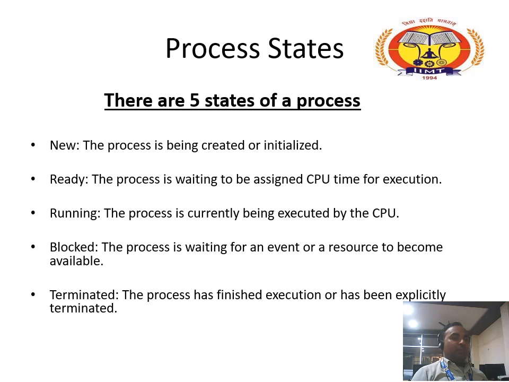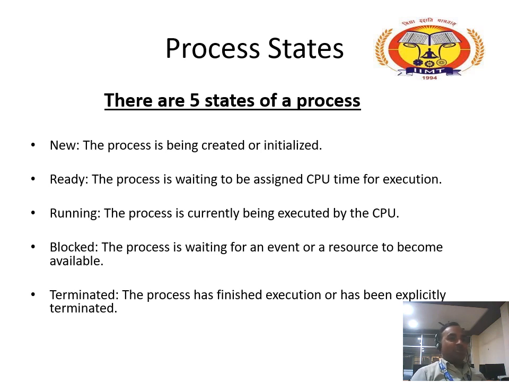Or we can simply say, if the process is going to be executed and at the same time some event occurs, another process may come for holding that particular resource. In that case, the process will have to wait for some time for the event, for giving the authority of the CPU to the other process. In that case, it will be in blocked state.